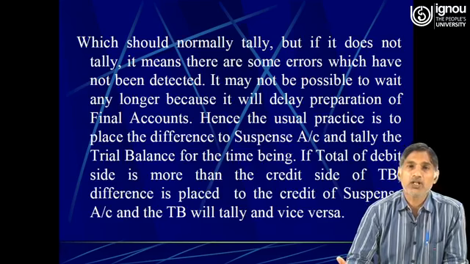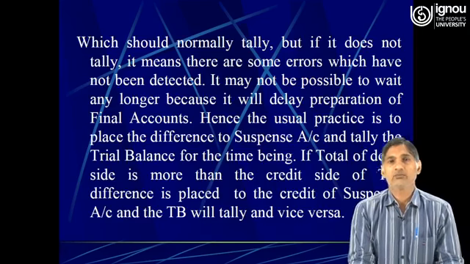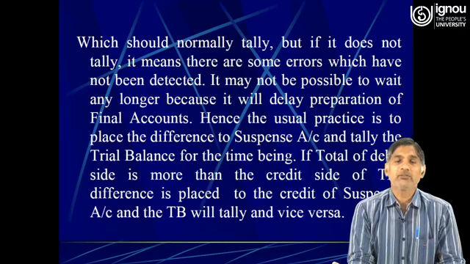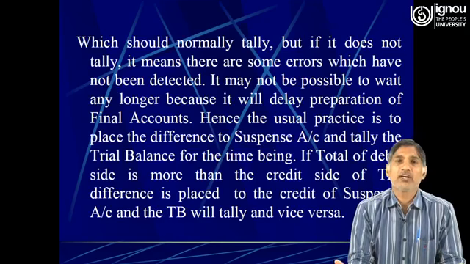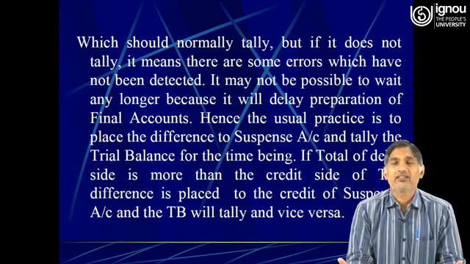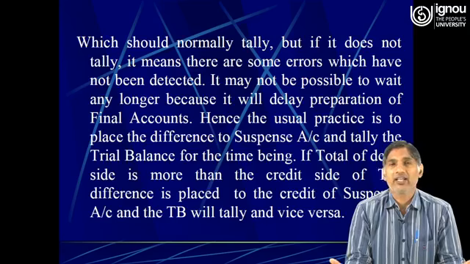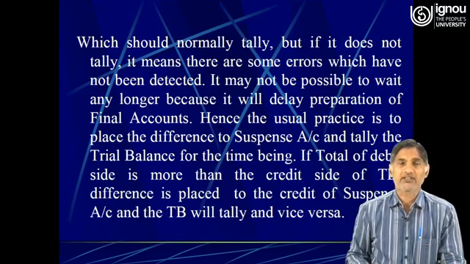Because if the total of debit side is more than the credit side, in order to tally the trial balance, we will have to place the difference in the credit side of suspense account, and when there will be a credit balance of suspense account, only then it will be written in the credit side of the trial balance, and then the trial balance is tallied, and vice versa.